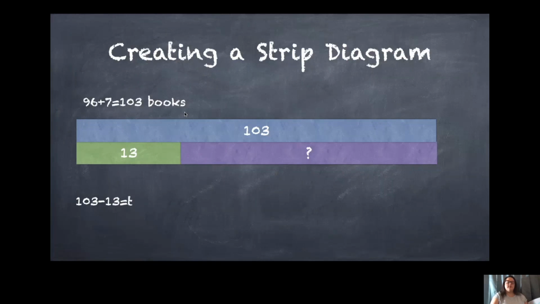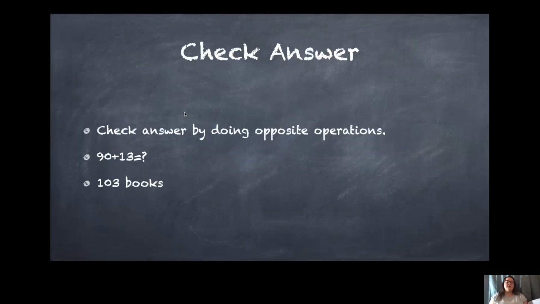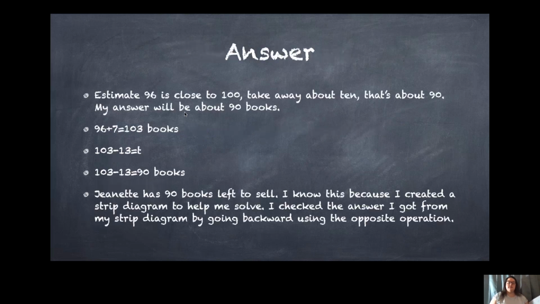So let's go back to that presentation. We're going to check our answer now by doing the opposite operation. 90 plus 13 equals 103 books. So our answer checked out.